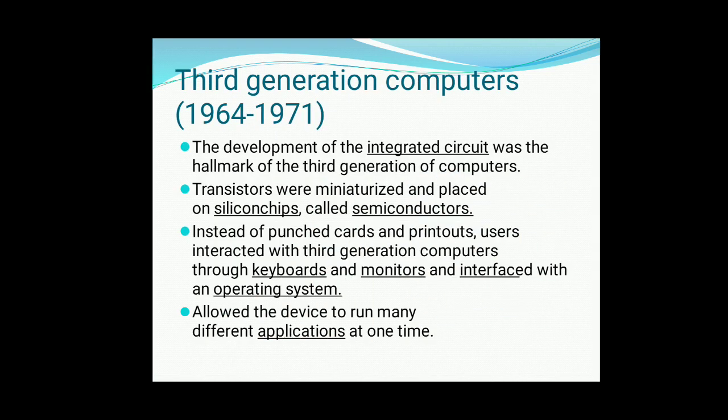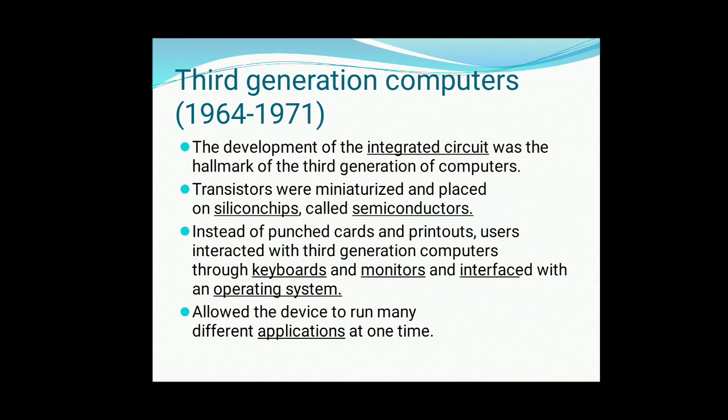Then the third generation is from 1964 to 1971. There is a use of an IC. In the first generation there were vacuum tubes, then transistors, and then in the third there was the IC, or integrated circuit. Transistors were miniaturized and placed on silicon chips called semiconductors.